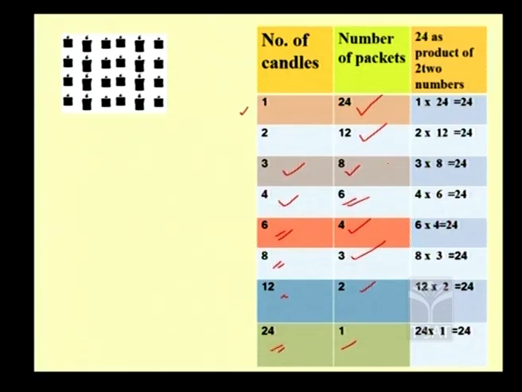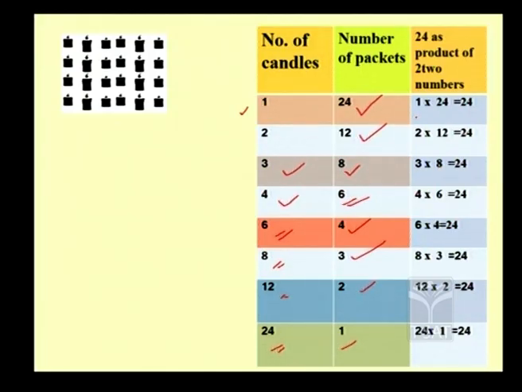So, here you are observing 1 into 24, 2 into 12, 3 into 8, 4 into 6, 6 into 4, 8 into 3, 12 into 2, 24 into 1. What are these? Here 1 can divide 24 exactly, and 2 also divides 24 exactly, and 3 also divides 24 exactly, and 4 also divides 24 exactly, and here 8 also divides 24 exactly.